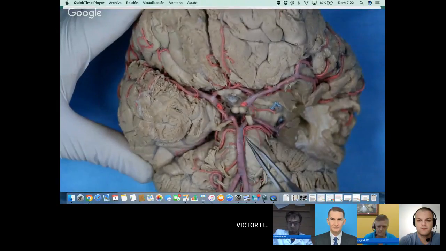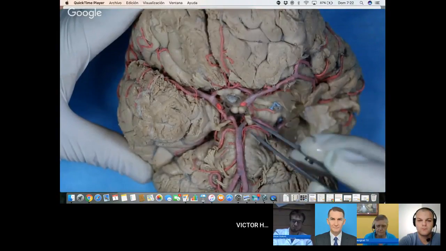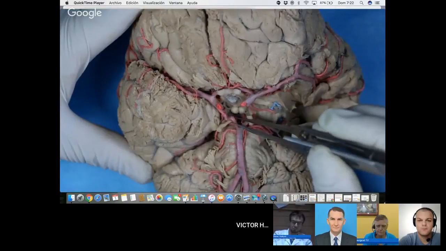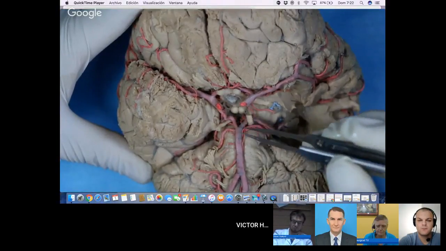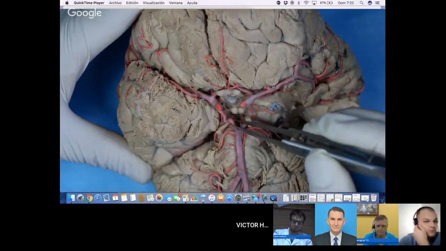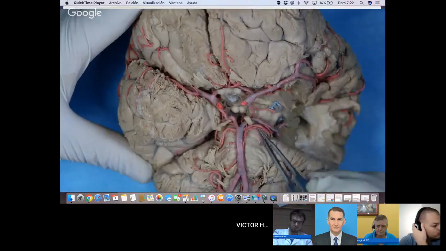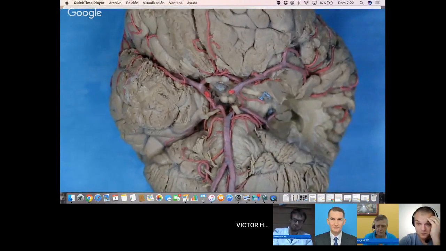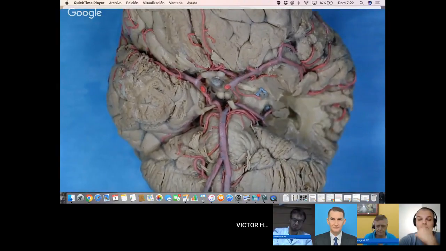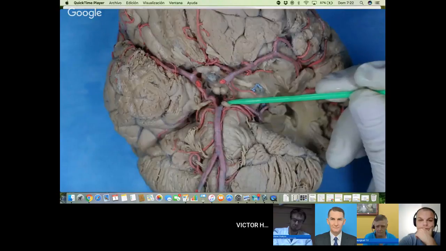This is a posterior cerebral artery. This basilar artery bifurcates in posterior cerebral arteries, the right and left. This is the third nerve, oculomotor nerve. And behind the oculomotor nerve, we have the superior cerebellar arteries.